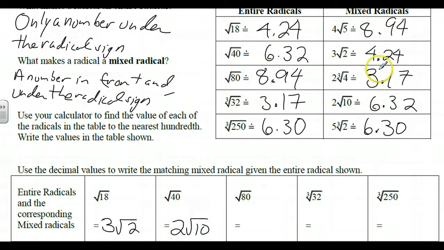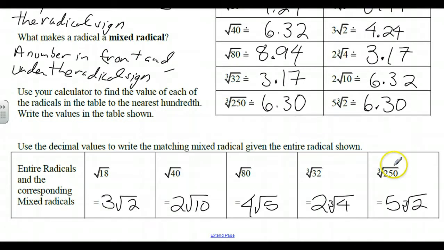Root 80 is 4 root 5. The cube root of 32 is 2 times the cube root of 4. Cube root, don't forget the index. And the cube root of 250 is 5 cube root 2.